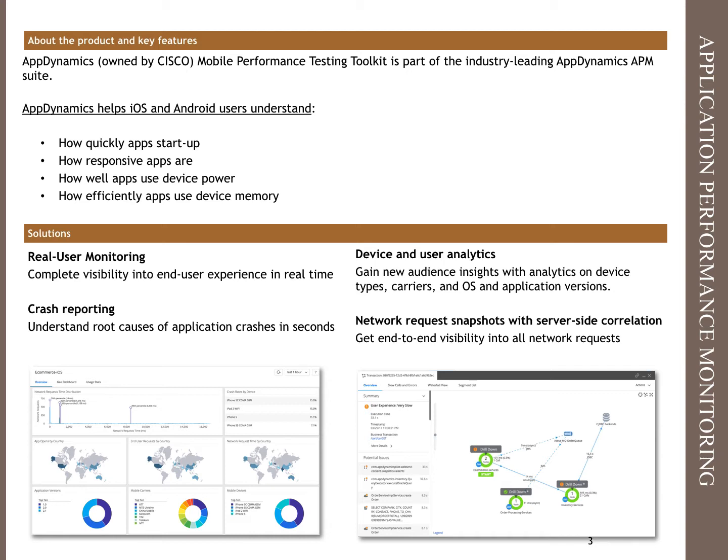How well apps use their device power, which means power consumption is a big thing in edge devices. Believe it or not, transmission takes a lot more power than computing power. Therefore, that balance between those two needs to be achieved. And how efficiently apps use device memory, right?